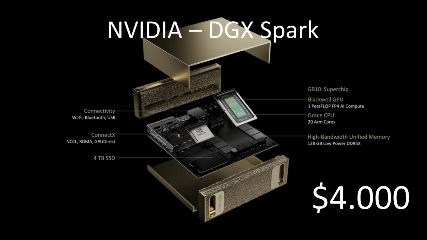It's got a Blackwell generation GPU, which is the currently newest GPU Nvidia is offering, with 1 petaflop of floating point 4 AI compute. Now this floating point 4 AI compute is sparse, so it's not dense, but let me show you on the next slide.